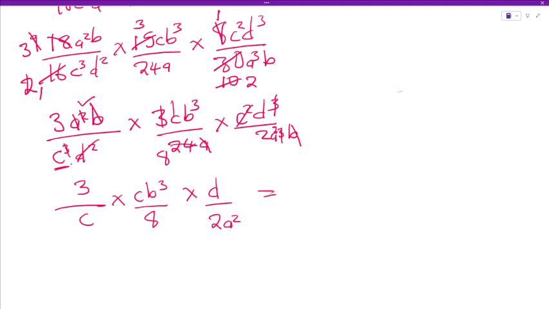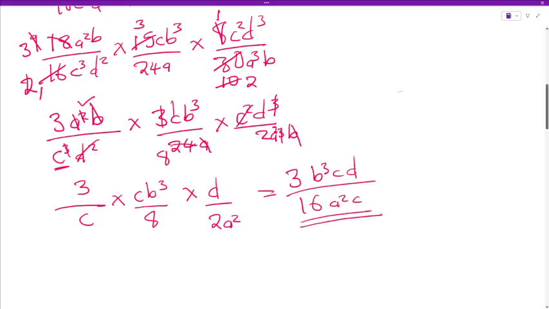Down here we have a c, and here we just have 8. There we have a squared. Yeah, that's all. So 3 times everything on top will just give us 3 c b cubed d. Actually, we put them in alphabetical order, like that, over c times 8 times 2a squared. That will give us 3b cubed d over 16a squared as our final answer.